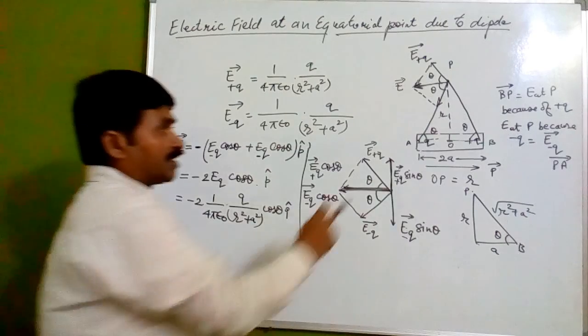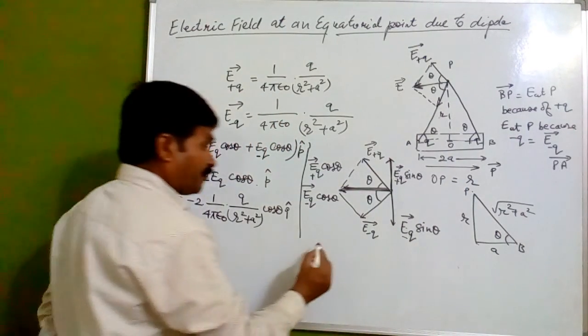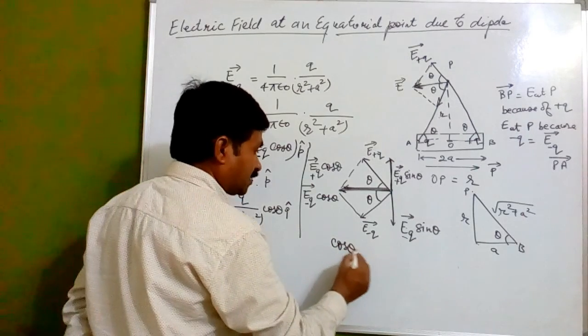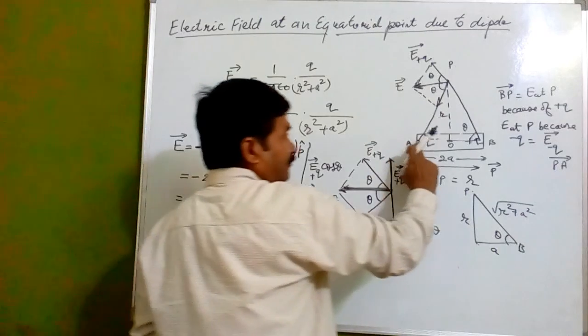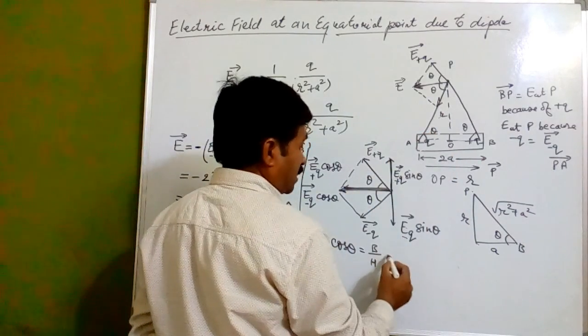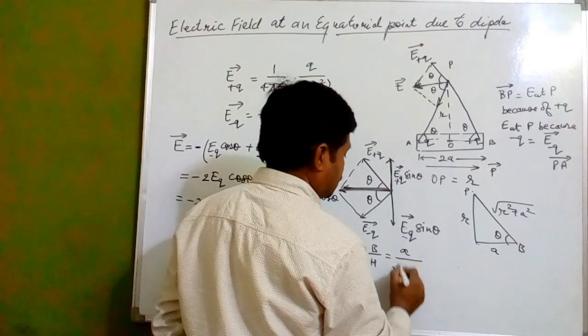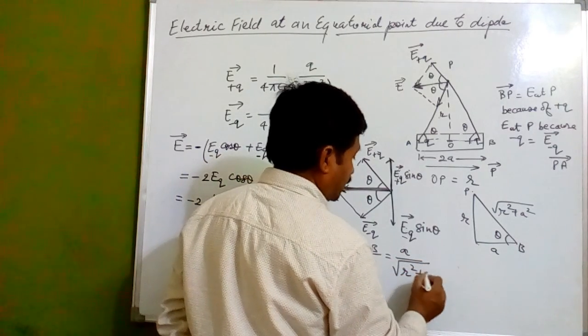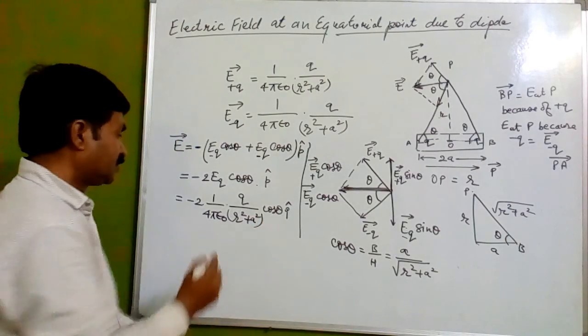Now we have to determine cos theta. For cos theta we know that cos theta is equal to base upon hypotenuse. Here, the base is a, this distance, and the hypotenuse is under root r square plus a square. Okay. Now we can substitute this here.